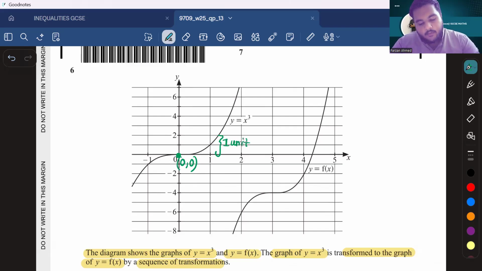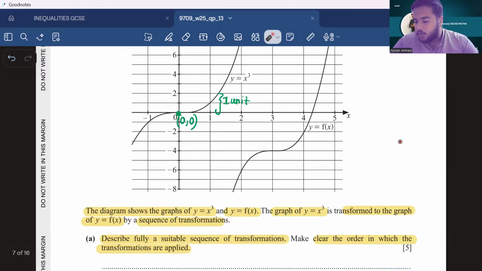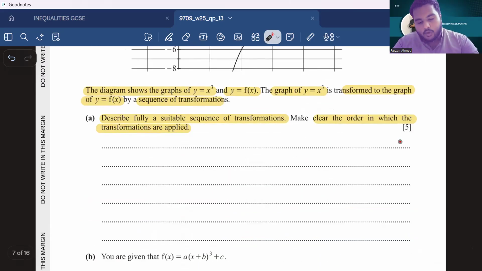When it is transformed from here to here, we have to check how many units it has been transformed. So 0, 1, 2. So 2 units it has been transformed.